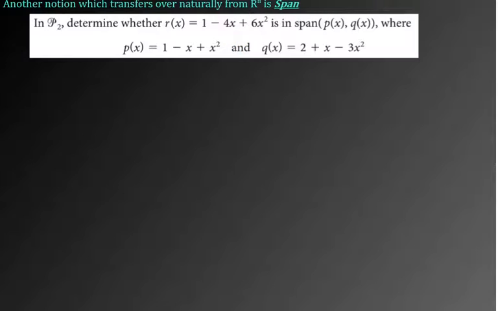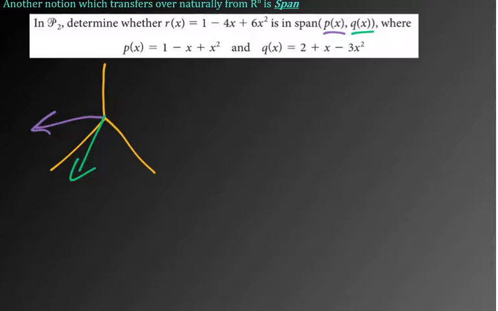So the way I think about this problem is basically it's like a 3D problem. And P of x might be this vector right here, and then Q of x might be this vector.